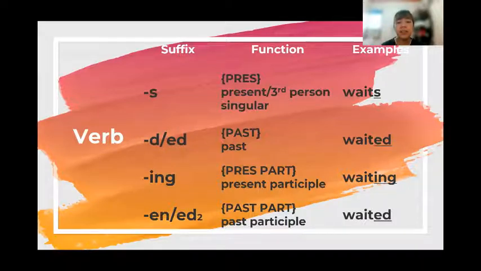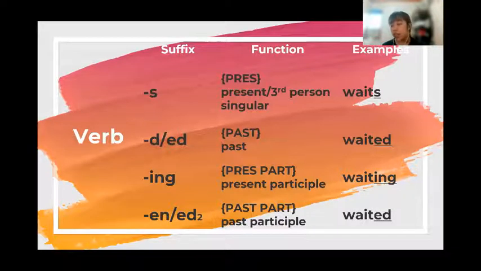Past participle naman, another way of forming your past tense. So en or ed, depende kung regular or irregular verb ang verb nyo na ginagamit. For wait, since it's a regular verb, we just add your ed. So for example, for wait became waited.